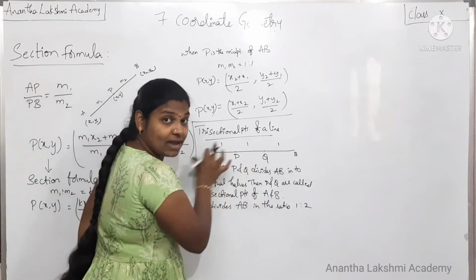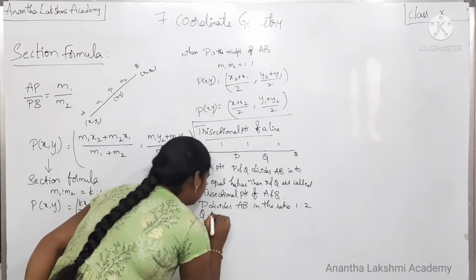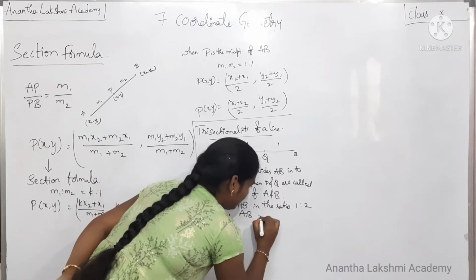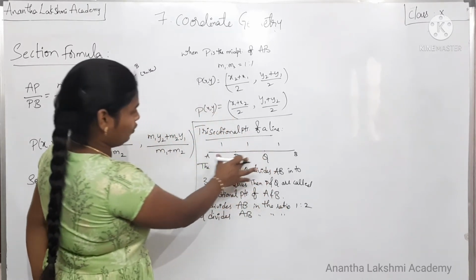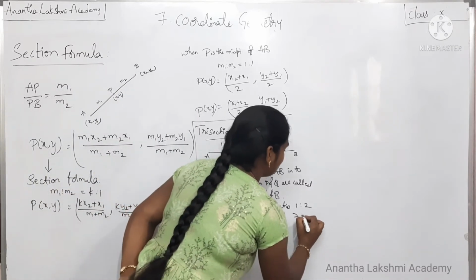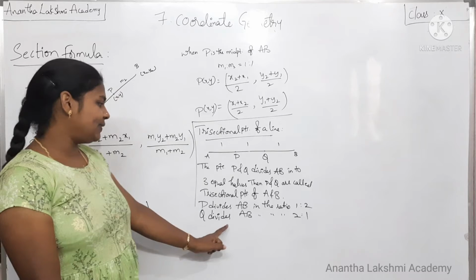Likewise, Q divides AB in the ratio, here AQ is AP plus PQ, 1 plus 1 is 2, in the ratio 2 is to 1. This we need to remember.